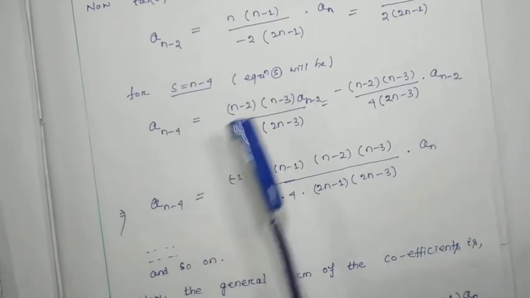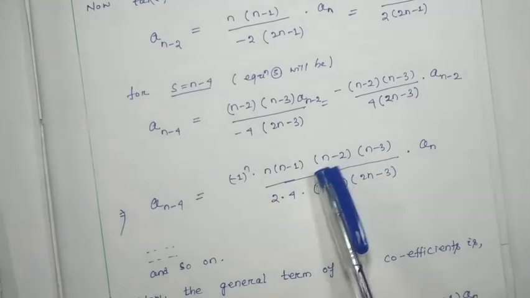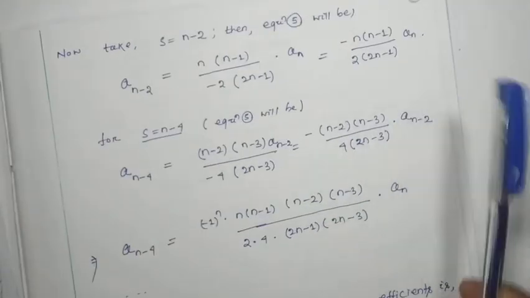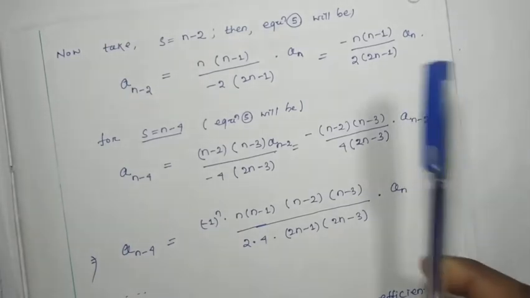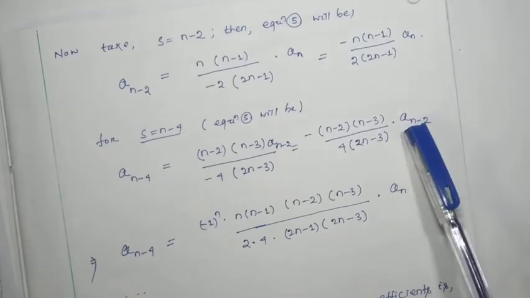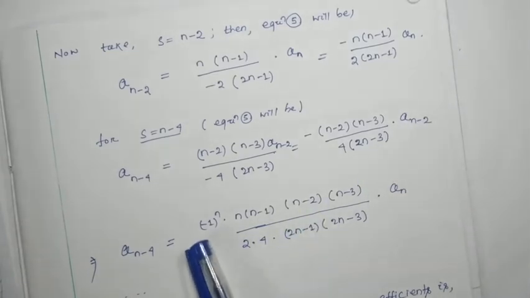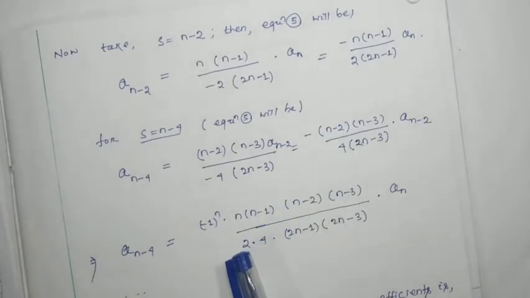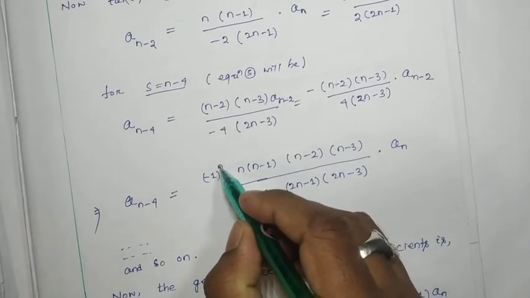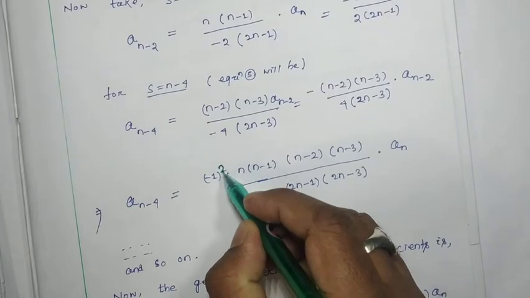Minus 2, and by solving, you can get a n minus 2 will be this much. You can put it over here, then you can find that minus 1 to the power 2, mistakenly I wrote n.